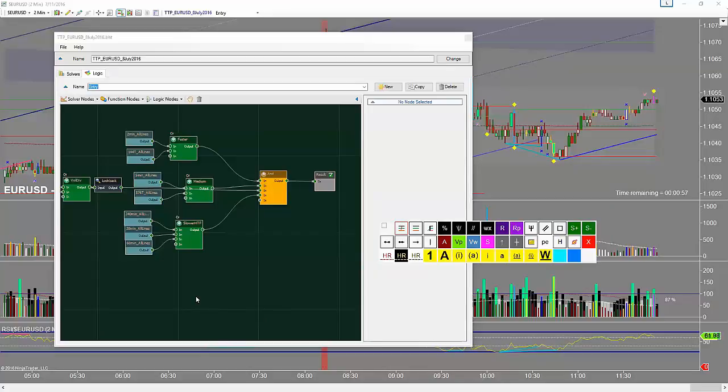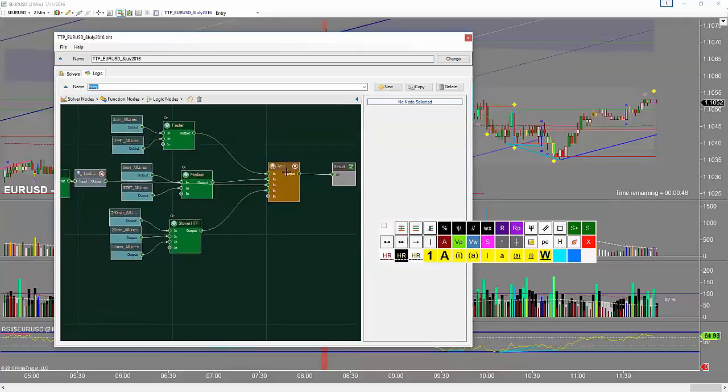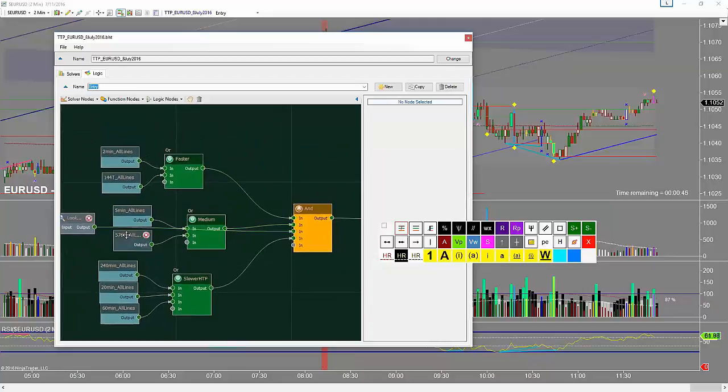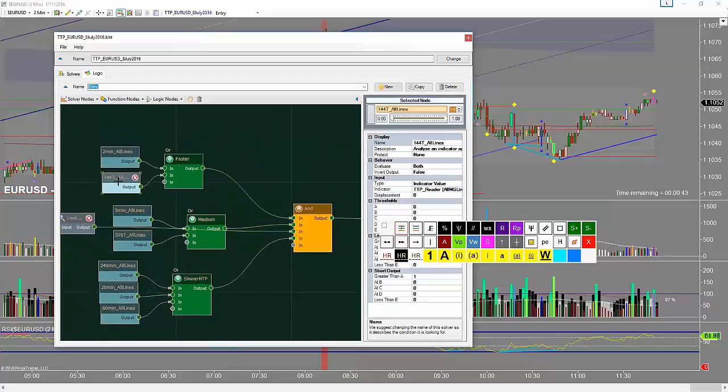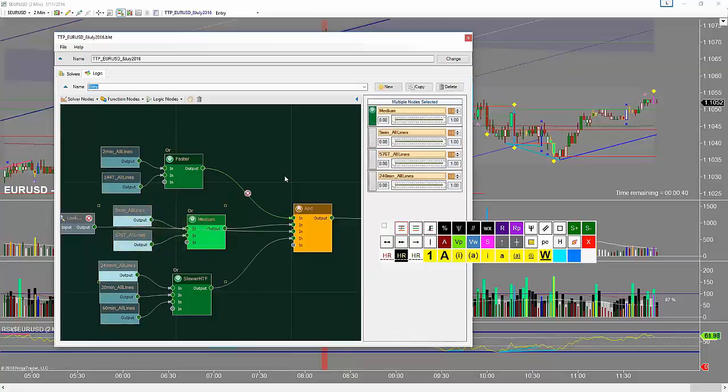So the only thing that you may have to change would be the size of these two tick charts. We're using the 144 tick with FXCM as the faster time frame, and then the 576, which is simply 4 times the 144, for the medium time frame.